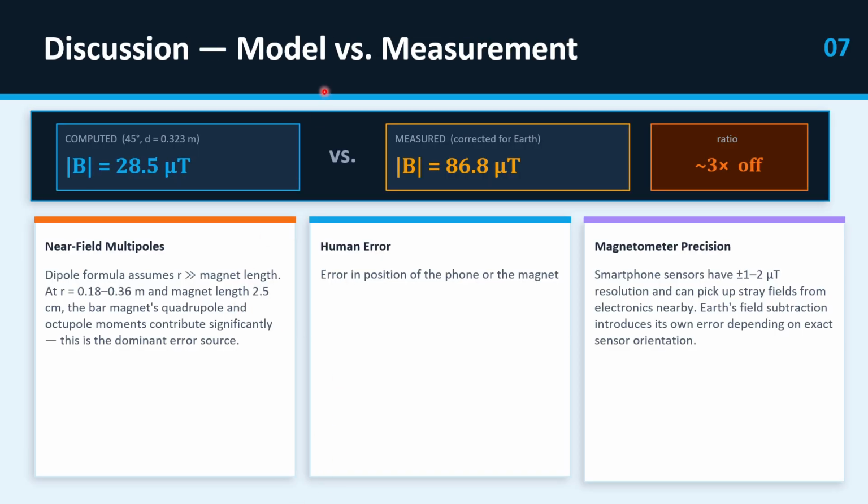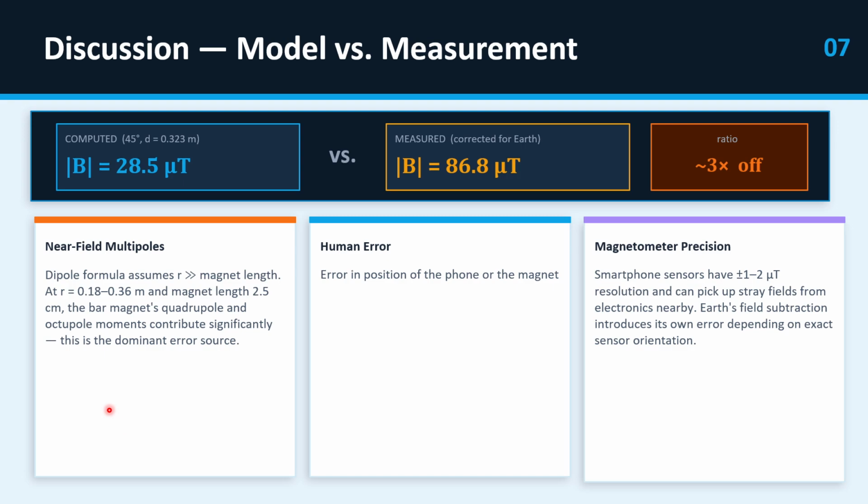Now, the computed magnitude that we got, meanwhile, the actual measured one, is about 3 times off. And the most likely reason is how big the magnet is in comparison to where we had it. As you can see here, the magnet length is not much less than the distance. It's in fact sometimes around in that range.